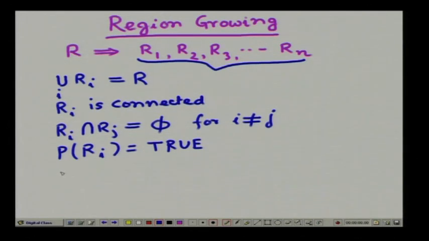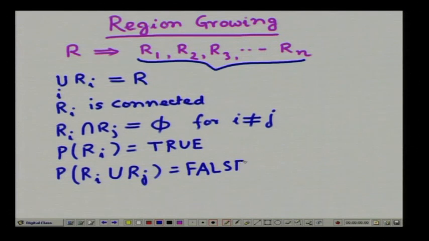And the last property that must be followed is that the predicate over R i union R j must be equal to false, for i not equal to j.